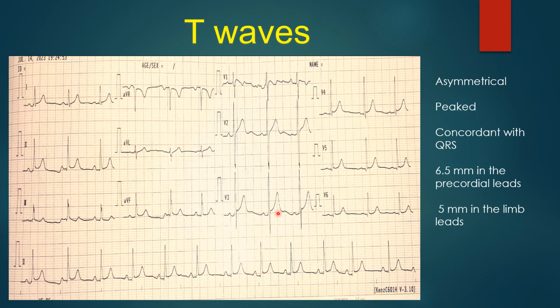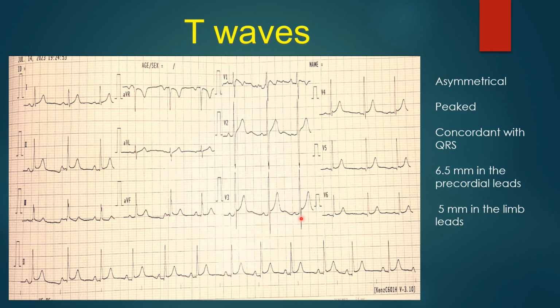These are peaked, because you can see that these T waves don't look pretty normal, so they have a high amplitude as well. They have to be concordant with the QRS. This means if the QRS is positive, then the T waves also have to be positive. So they have shown a concordance as well.